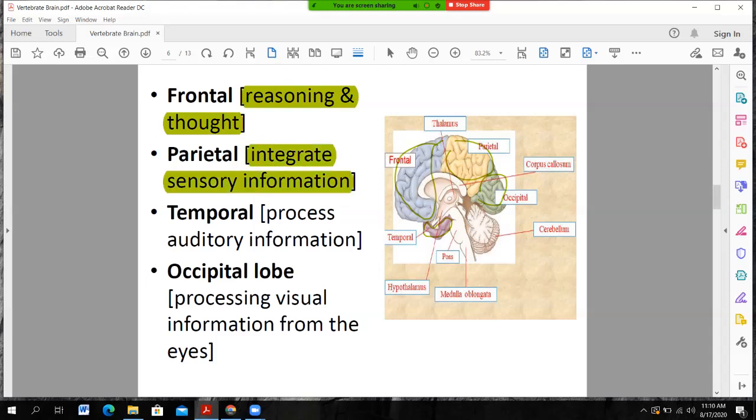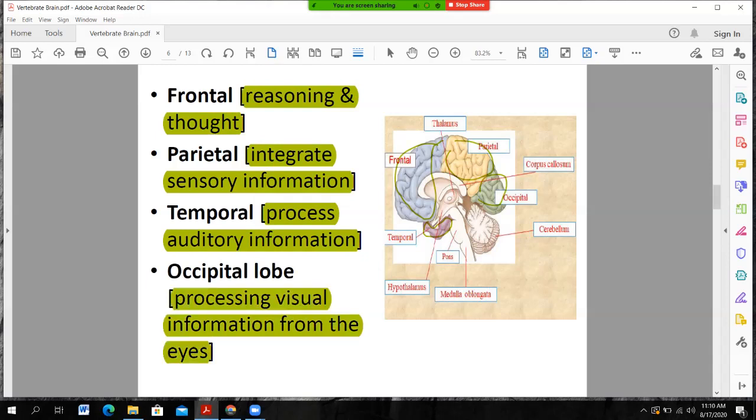The temporal lobe processes auditory information, while the occipital lobe processes visual information from the eyes. So the cerebrum consists of four important lobes, and these are the functions of each lobe.